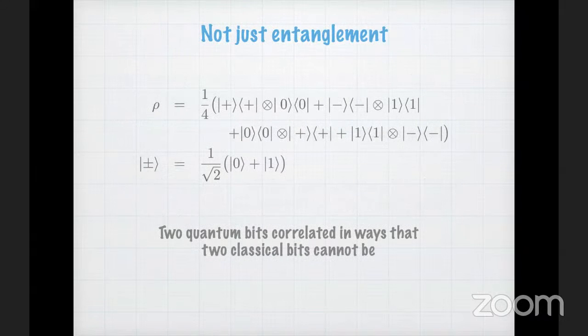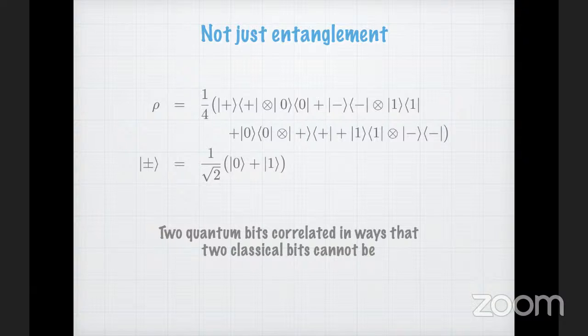And where that led to is the realization, which was made previously also, Zurek and others had worked on this, that mixed quantum states can contain non-classical correlations that are not limited to entanglement. Even mixed states like the one that I've written here on this view graph, it is manifestly by construction not entangled, but it contains kinds of correlations that cannot possibly exist in an equivalent state of two classical bits.